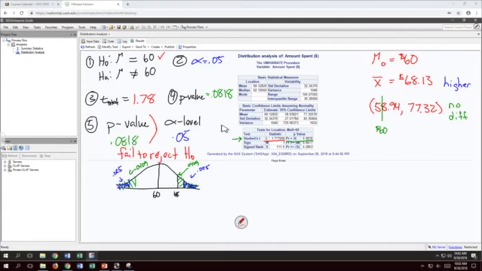So if we did step 6, finish it out, and then we'll take a break.